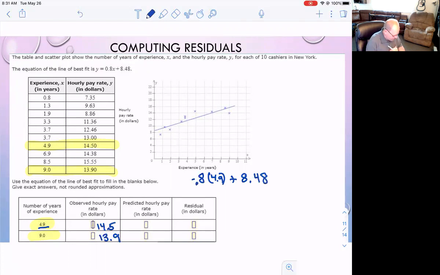So it is 3.072. Let me try that once more. -0.8 times 4.9 plus 8.48 equals 4.56. How could I be so wrong?